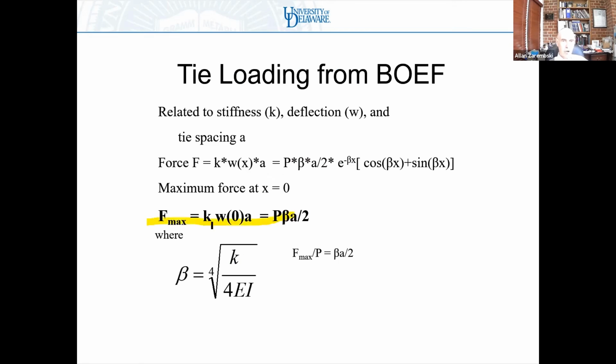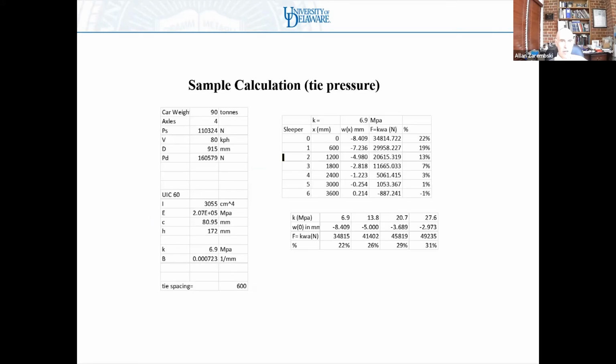Each sleeper load was K times W of X times A. So we know the deflection, we know the stiffness, we know the sleeper spacing. We can then calculate the sleeper load at any point X. So if you recall this particular example, this was with a 90-ton wagon.